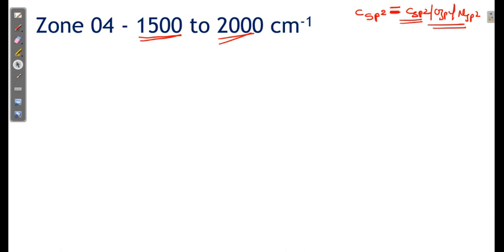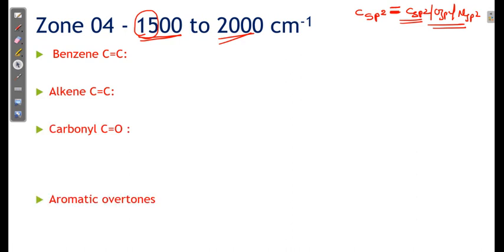We don't know exactly, but it could be. So this zone is divided. First is benzene, which is on the borderline of this one. So I can say alkene, then carbonyl and aromatic. Here, suppose this is my benzene.